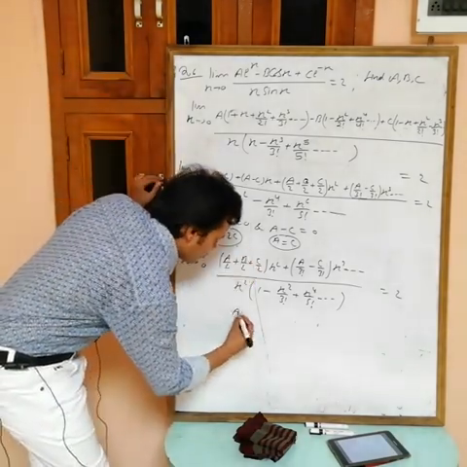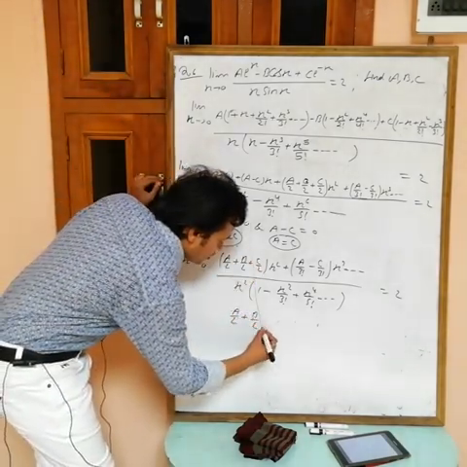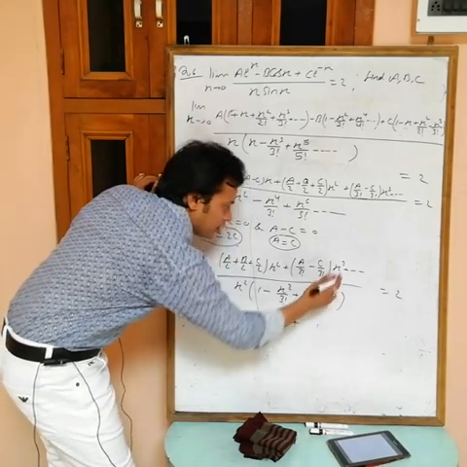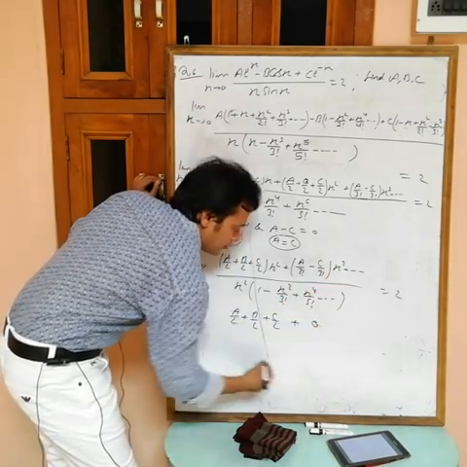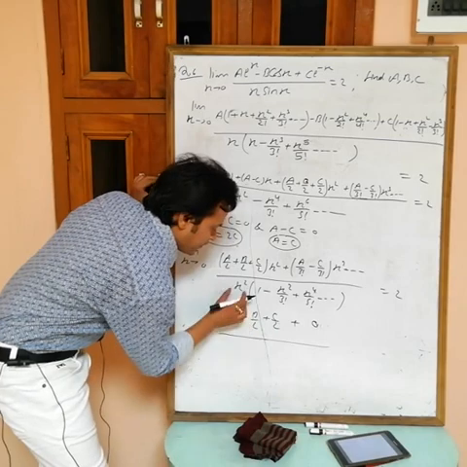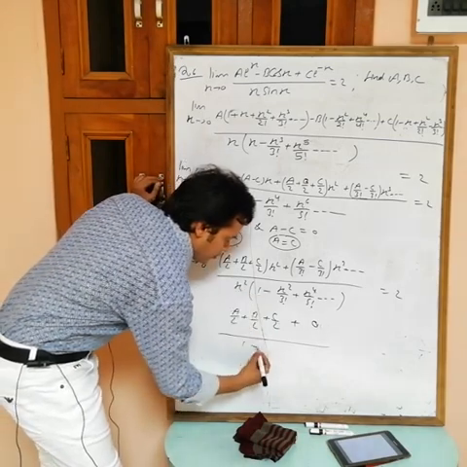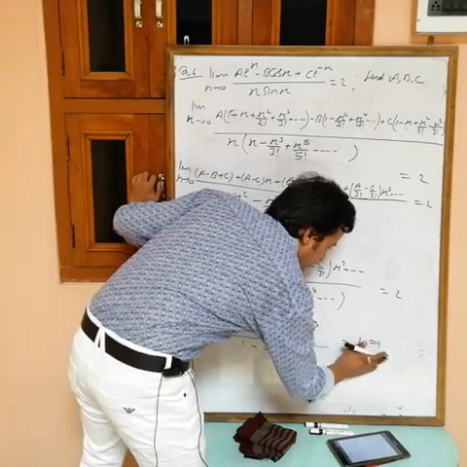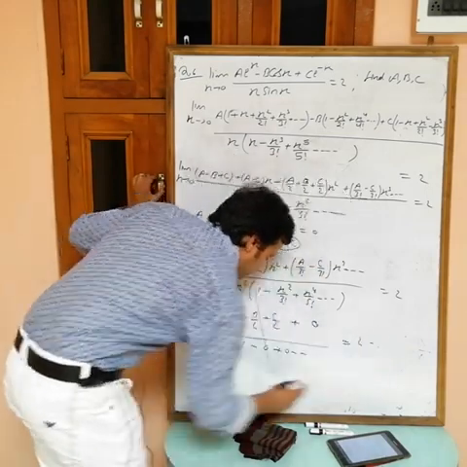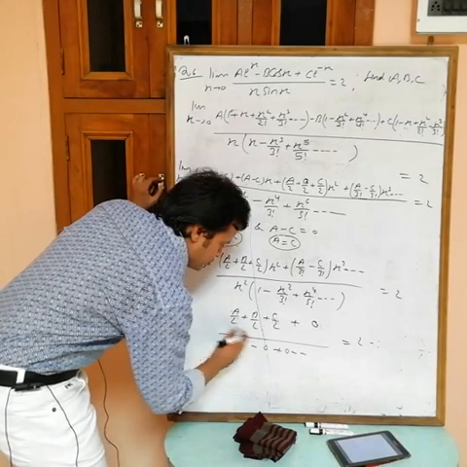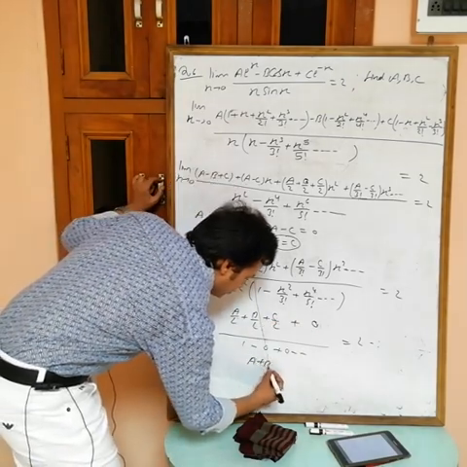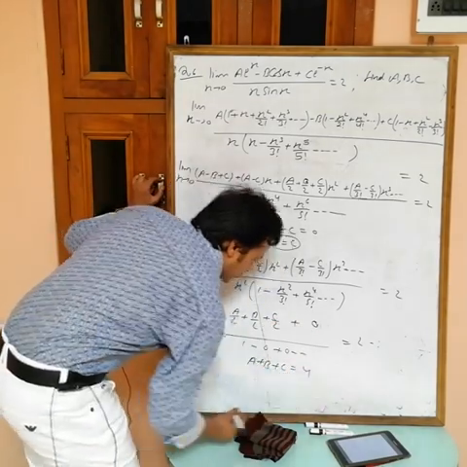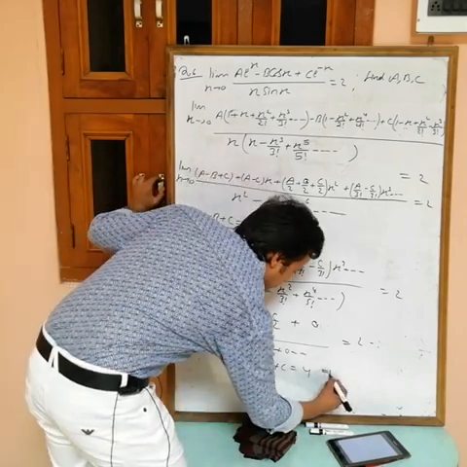What you will get? In this one you will get a by 2 plus b by 2 plus c by 2, with x square common. If you put x equals 0, this becomes 0. X square cancels out, and in the denominator 1 minus 0 plus 0, equals 2. From this we get a plus b plus c equals 4.